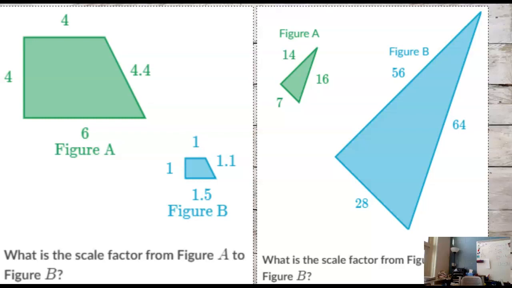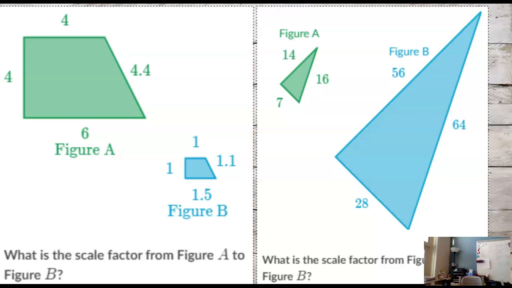So now we have actual numbers instead of on graph paper. Still the same thing, guys. Scale factor will be new over old. So when I think about scale factor being new over old, I just need to figure out which one's new and which one's old. Right, so it says from figure A, that means it's your old one. From figure A, that's your old shape.